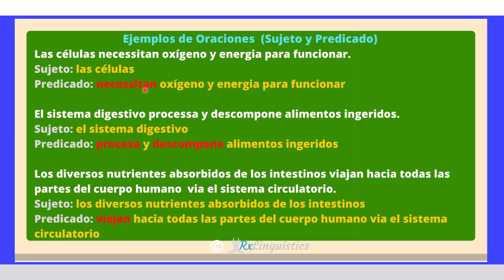I put the verb in red. The verb here is necesitan. So when you see las células necesitan oxígeno y energía para funcionar, las células is the subject, sujeto. Necesitan oxígeno y energía para funcionar is the predicate.